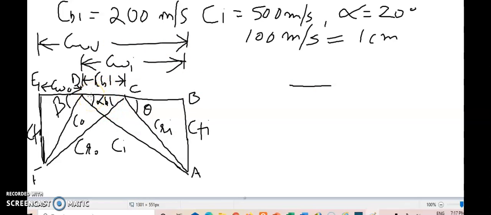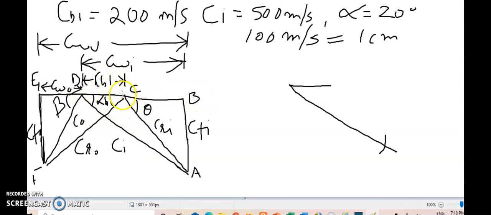So we'll take a compass, we will draw 20 degree angle, and like this we will draw a random line, the length of which will be marked using a protractor, and the length of the line CI will be 500 meter per second. So the length of the line will be 5 centimeter. We will be cutting an arc of 5 centimeter on this line. So we got this CI, this alpha and this CBL.